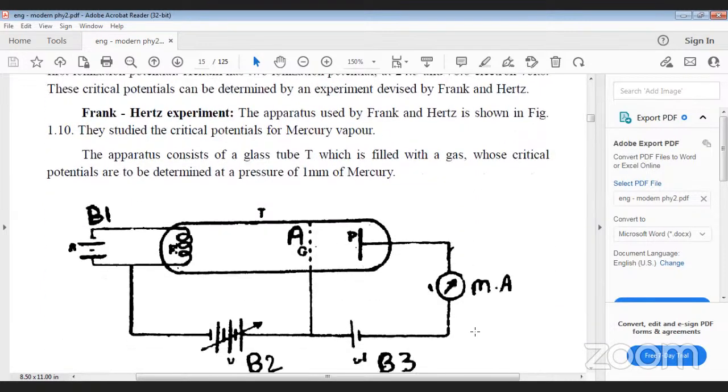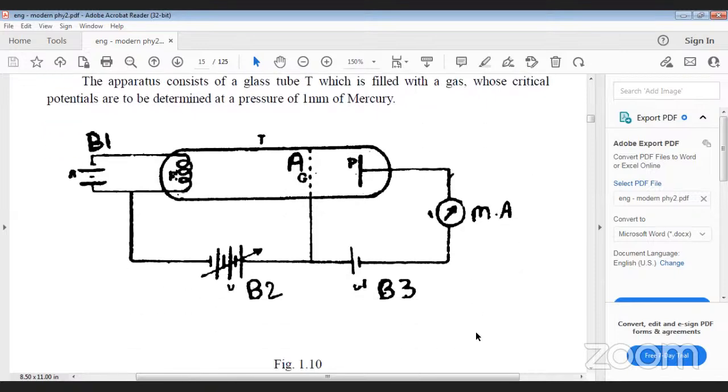You need to know this apparatus. It is a glass tube filled with a gas. The critical potential is determined at a pressure of 1 mm of mercury. Here is a variable potentiometer battery, and another battery B3, and a milliammeter.